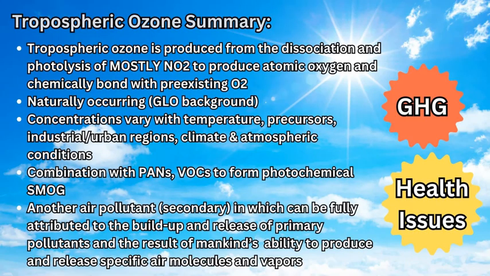So the release of these precursors that help form ground level ozone through sunlight is very important to understand, and the difference in formation between stratospheric and tropospheric ozone is very important to understand.